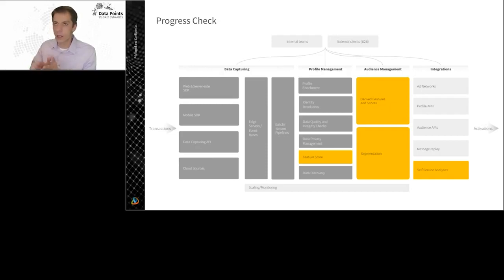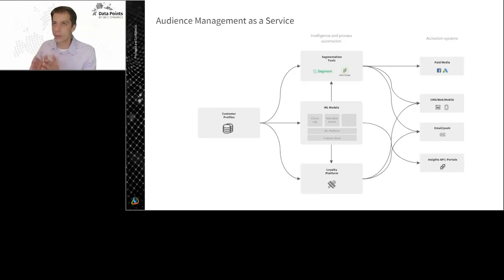So first, let's take a closer look at the problem of audience management in general. What happens with the data that we consolidated using the techniques that we discussed on the previous slide? Typically, there are several ways this data can be used, and there are several tools that can help us leverage this data in a meaningful way. One typical case is using segmentation tools to create audiences in a manual way.